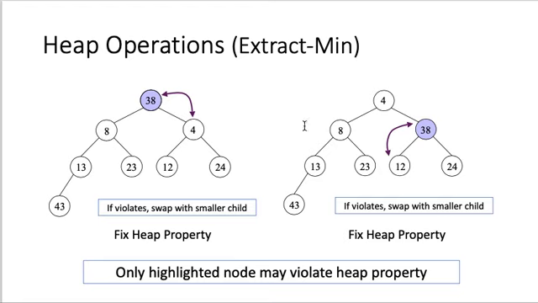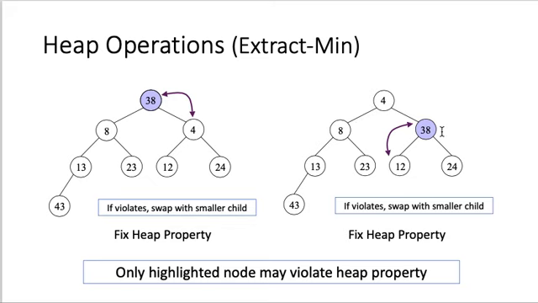After swapping, we will see that all these other edges, like this one, do not change. The content doesn't change, so if they were okay previously, they are still okay. And we are swapping the smaller of these children with the highlighted node, so this edge is also okay. What does that mean?